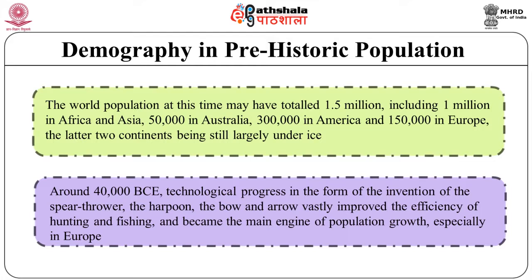Technological progress in the form of the invention of the spear thrower, the harpoon, the bow and arrow vastly improved the efficiency of hunting and fishing and became the main engine of population growth, especially in Europe.